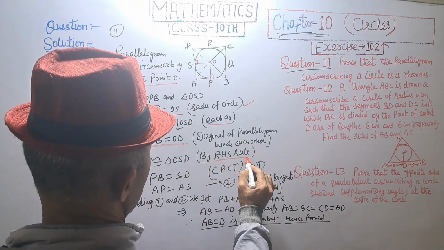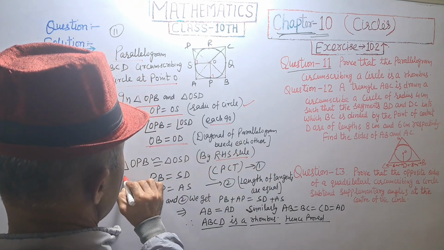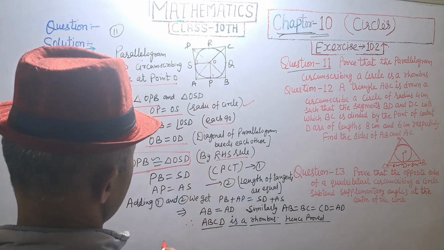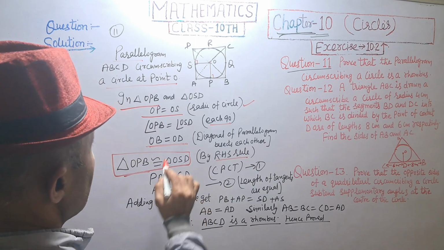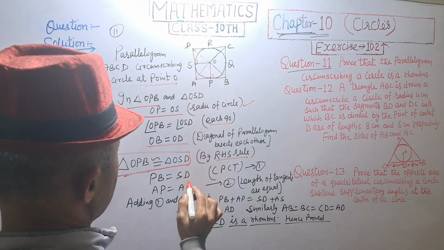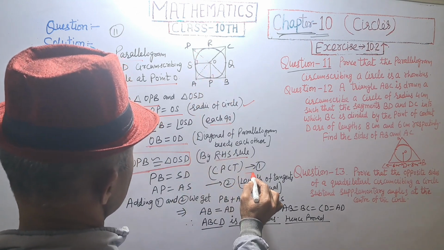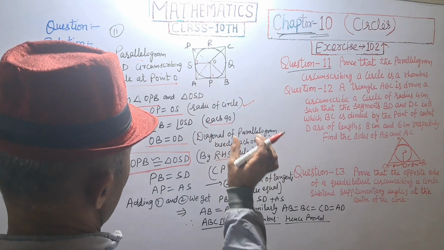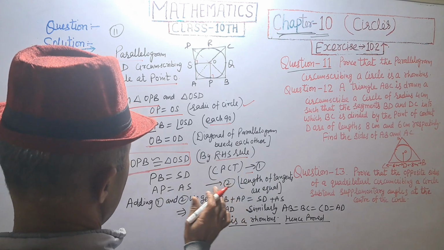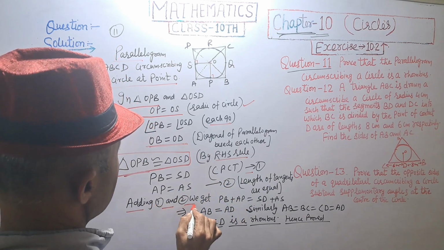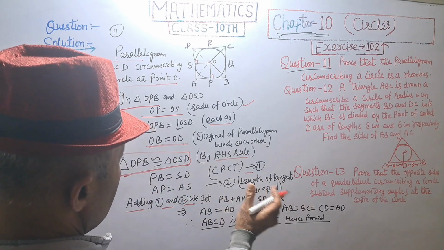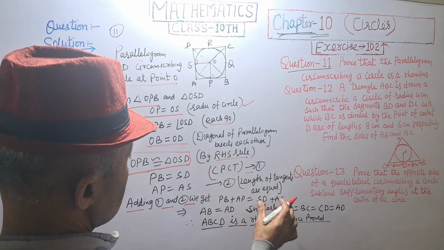By RHS congruence rule, we get triangle OPB is congruent to triangle OSD, and by CPCT, PB is equal to SD. It's equation first, and lengths of tangents are equal, so AP is equal to AS. It's equation second, and we add equations first and second. PB plus AP is equal to SD plus AS.